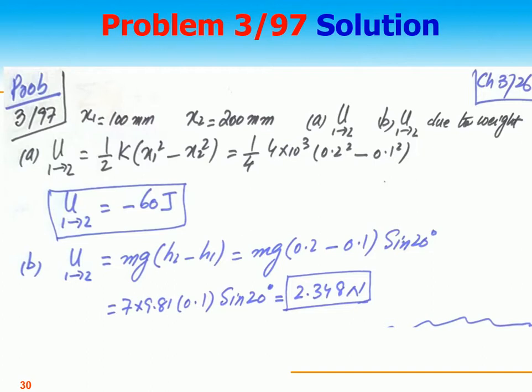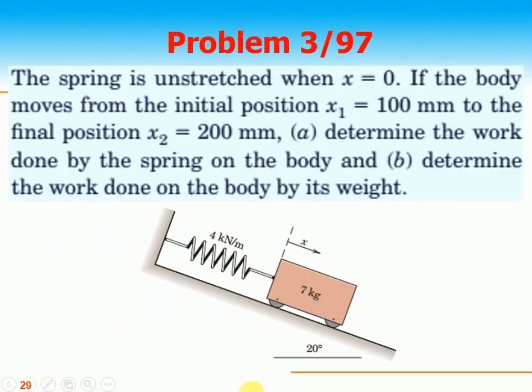Similarly, for the height, it is mg times h2 minus h1, with mg, 0.1 to 0.2, and then there is a sine of 20 degrees, of course the decrease from here to here. This is the vertical direction. At the initial position x is equal to 100, and then it moves downward a further 100 millimeters, that's 200.